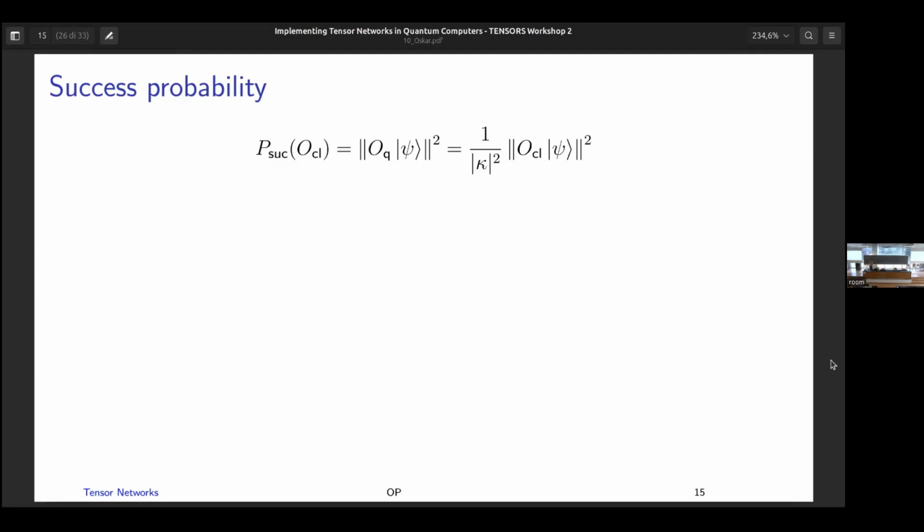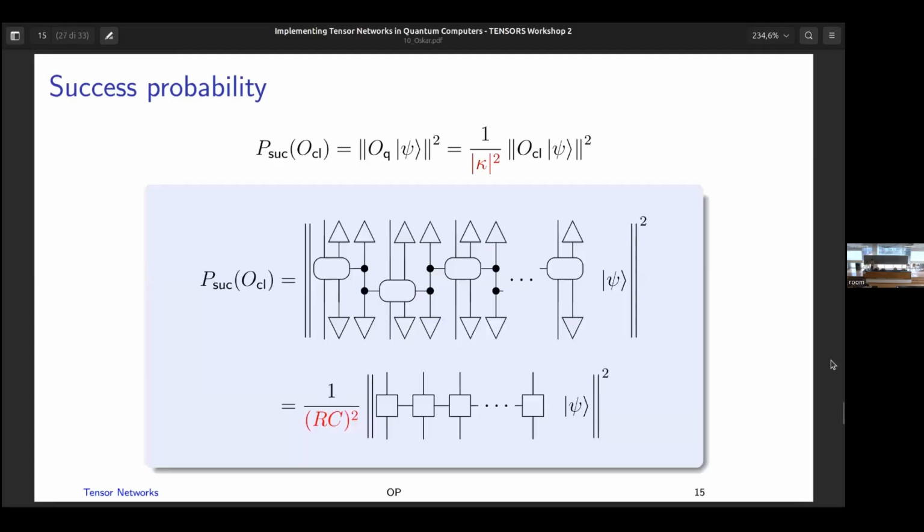Using the tensor network formalism or the equation that I showed before, you can see it's the same as the classical tensor network applied on a test state with a factor of 1 over kappa squared. And what is this factor? Well, this factor is exactly this 1 over RC squared that we have here.